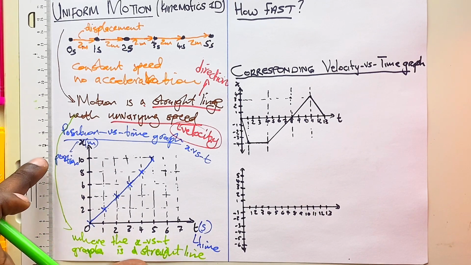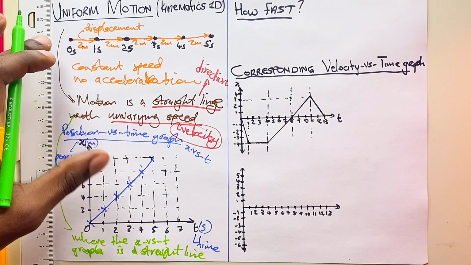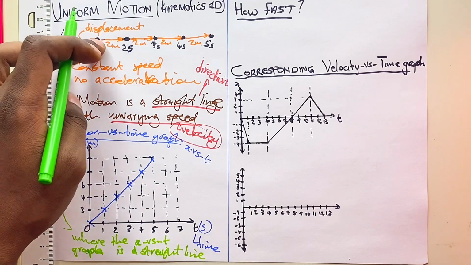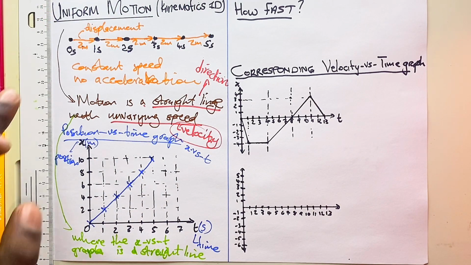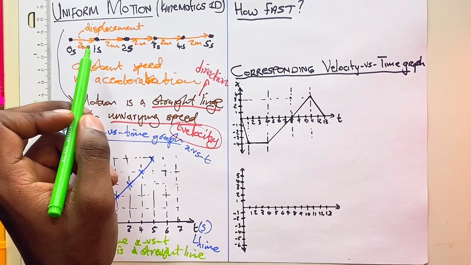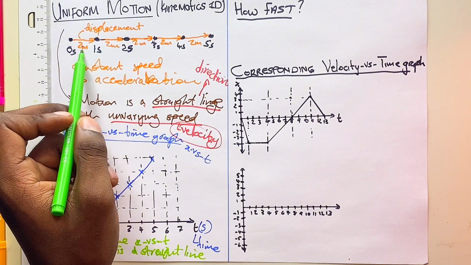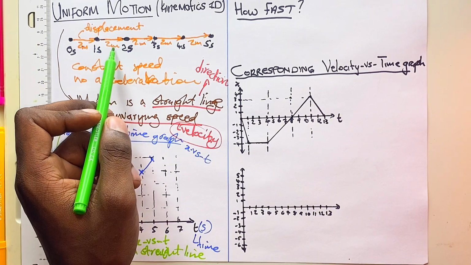And the second thing that we can take from it is we can see how fast our particle was moving, how fast our object was moving. Now, from this motion diagram, we can see that for every second, it moved 2 meters. At 1 second, it had moved 2 meters. At 2 seconds, it had moved 4.